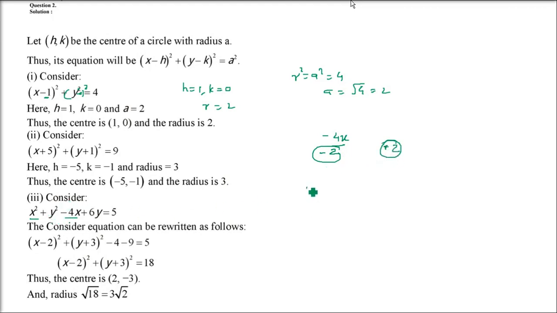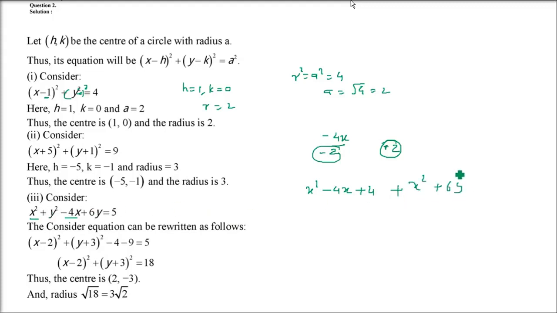To make a quadratic expression a perfect square, x square minus 4x was there. We divided the coefficient of x by 2 and added and subtracted it. So I am adding 4, and I have to subtract 4 also, because I have added it myself.